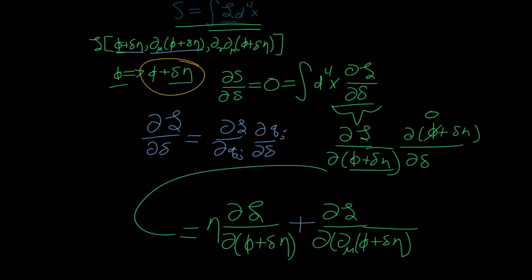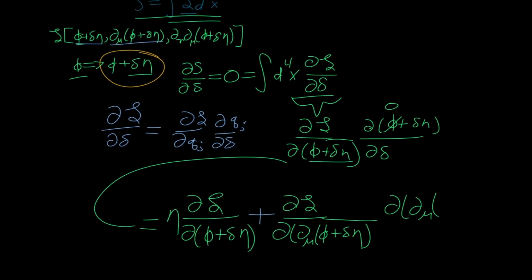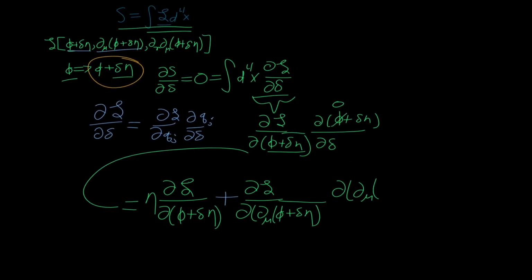And then we're going to have the partial derivative, partial nu, of then just phi plus delta nu. And yeah, we are differentiating with respect to delta, but as is the case for partial derivatives, you can reverse the order and you're going to get the same result, at least for us.